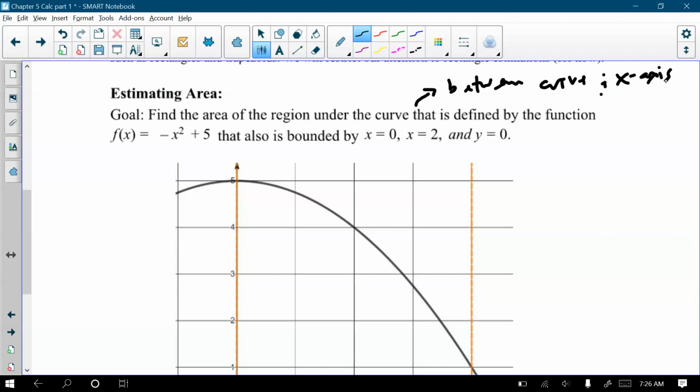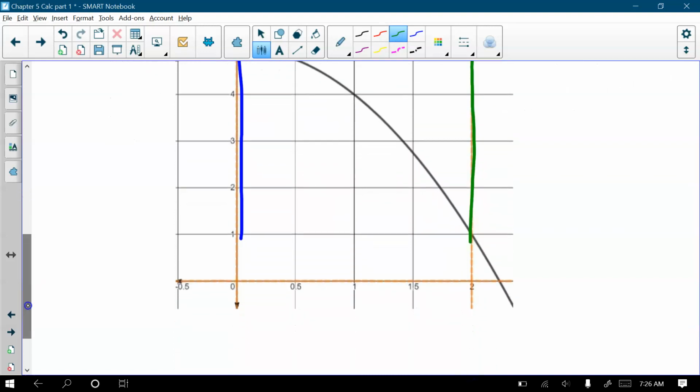That is defined by the function f of x equals negative x squared plus 5, and that graph's given to you. That is also bounded by x equals 0, x equals 2, and y equals 0. Before we go on, I want to go over that because this will come up later on. X equals 0 is this line. X equals 2 is the green line. Y equals 0, let's draw these all the way down here, is going to be this red line.